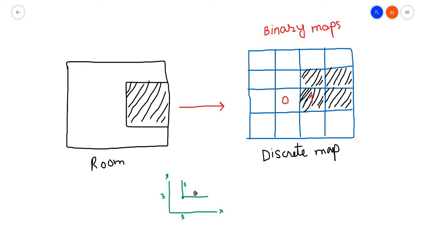So what will be the total length along the x-axis? It will be this length 3 plus this length 5, so the total length will be 8 along the x-axis. And the same is true for the y-axis; we can calculate it also.